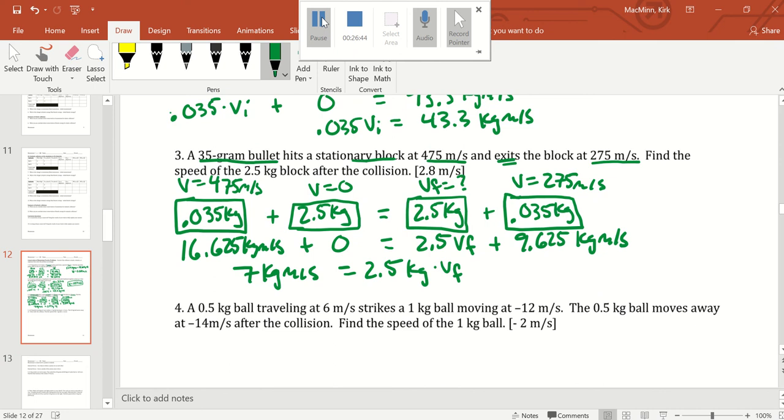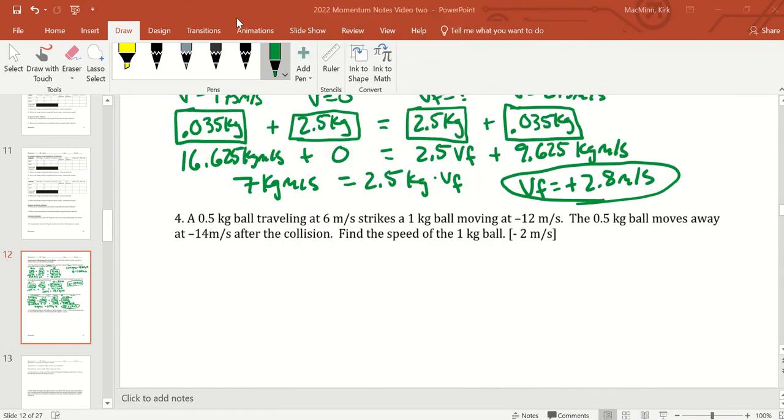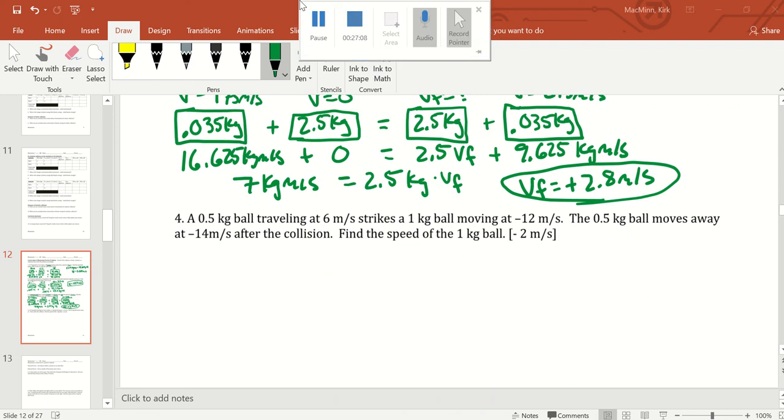So we have to divide both sides now by 2.5, and we'll see that we have a final velocity of positive 2.8 meters per second. So after this collision, the block, the 2.5 kilogram mass, will be moving at 2.8 meters per second.